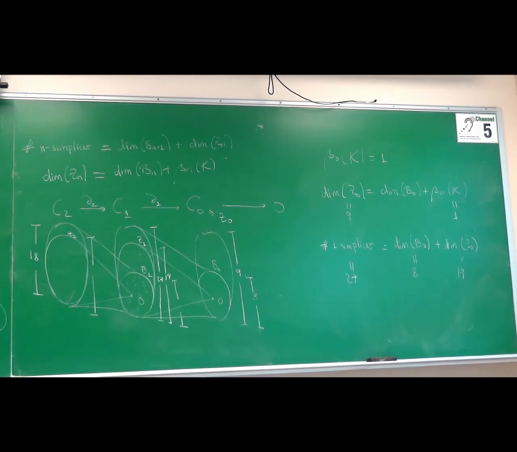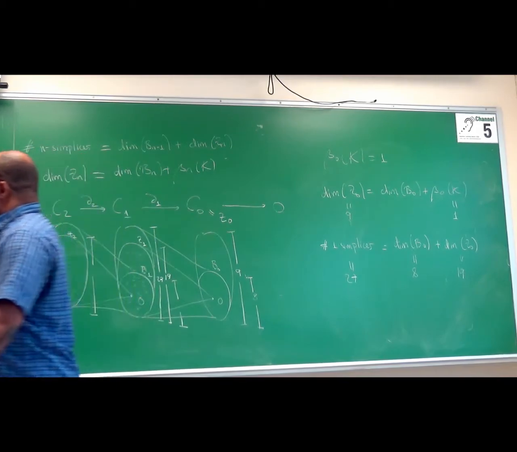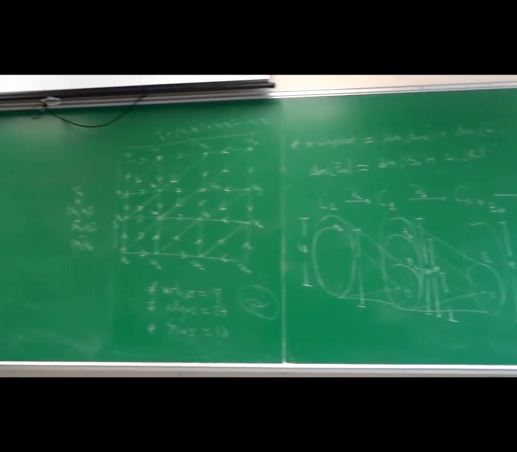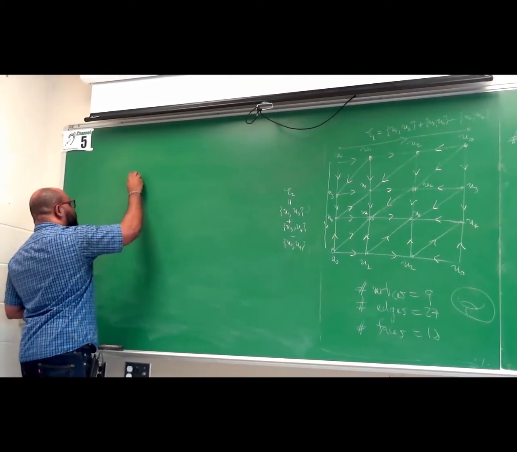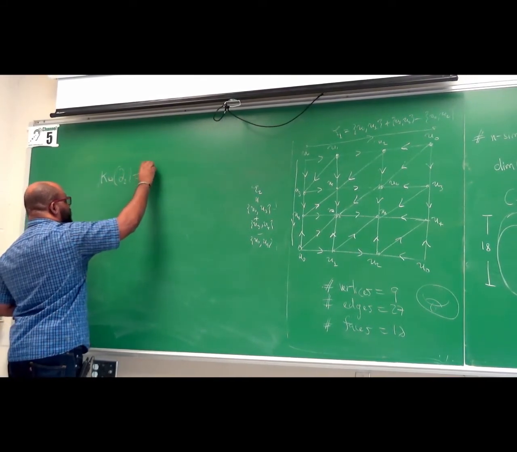Okay, so let's take something in the kernel of this guy, in the kernel of C2 or of delta 2. Again, I'm looking for the kernel of delta 2, which is Z2.